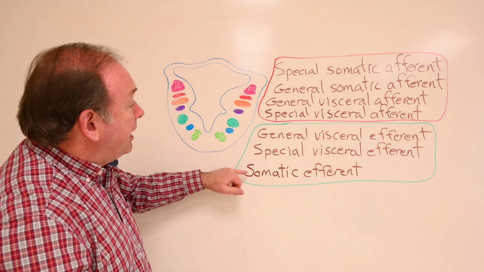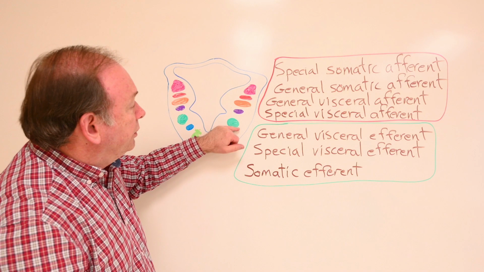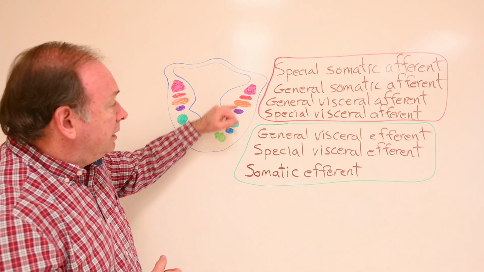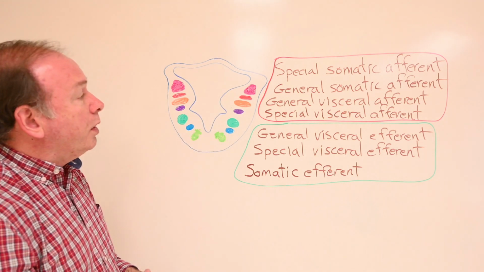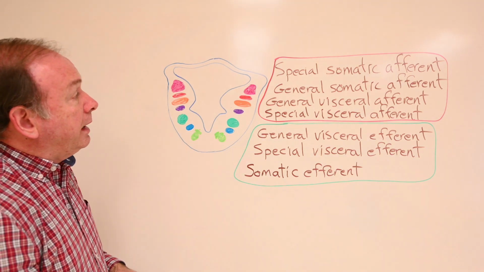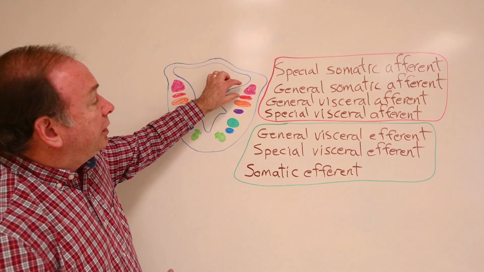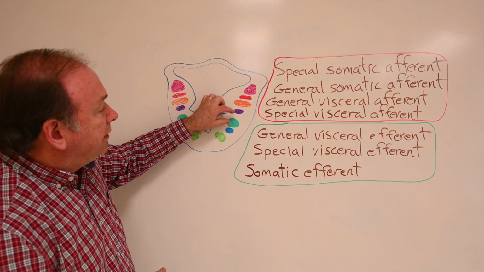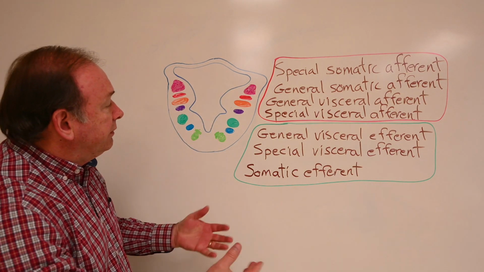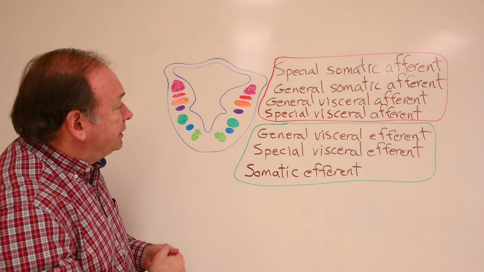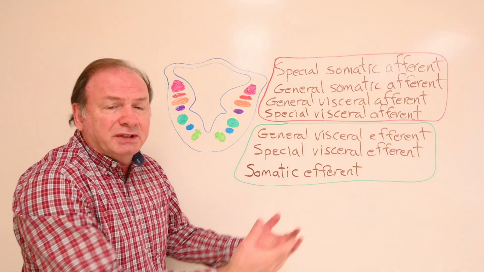Now, you can see that we have a whole series of names here, and a whole series of different colored regions in the wall of the brain. Now, to understand a little bit about what's included in each of these individual segments, what kinds of neural signals they're either taking in or sending back out.